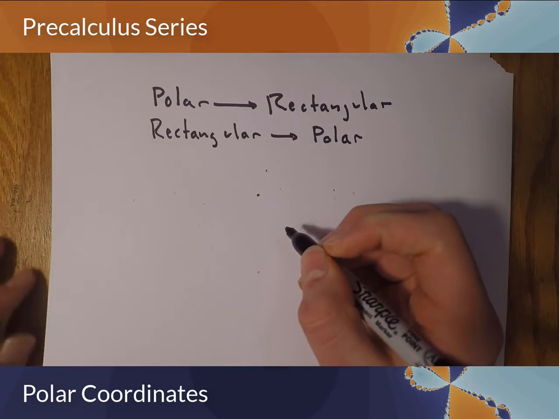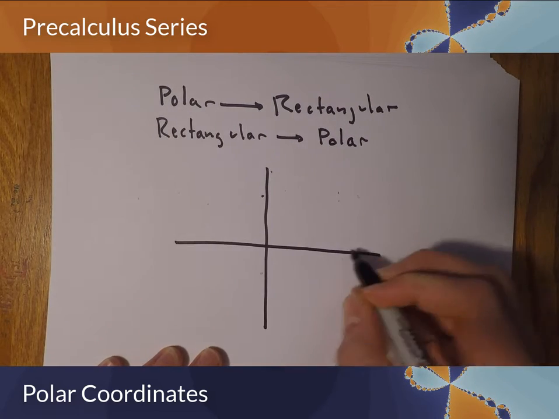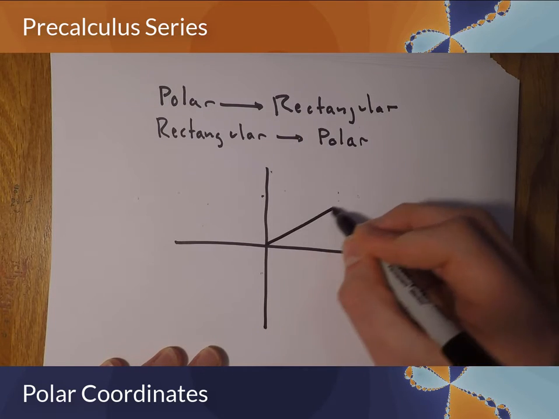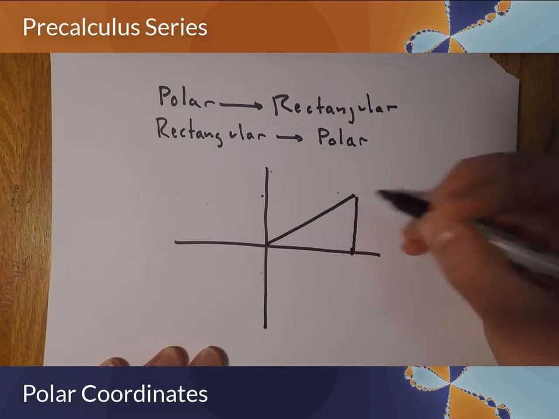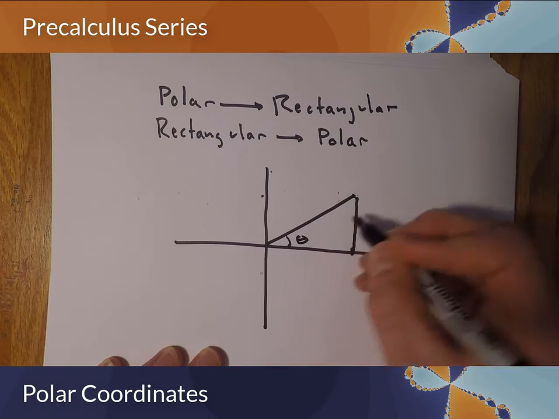All right? Now, the thing with polar coordinates, if you look at their construction, they are a radius r and an angle theta from the origin.